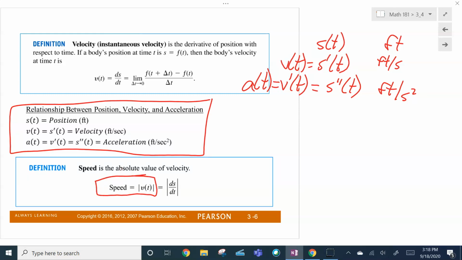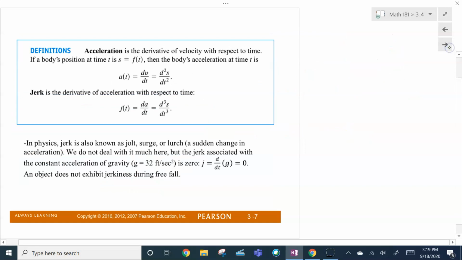Even though your velocity might be negative 100 miles per hour, falling towards the earth, your speed would be 100 miles per hour. Speed does not have direction. Velocity has direction. We'll talk more about that.